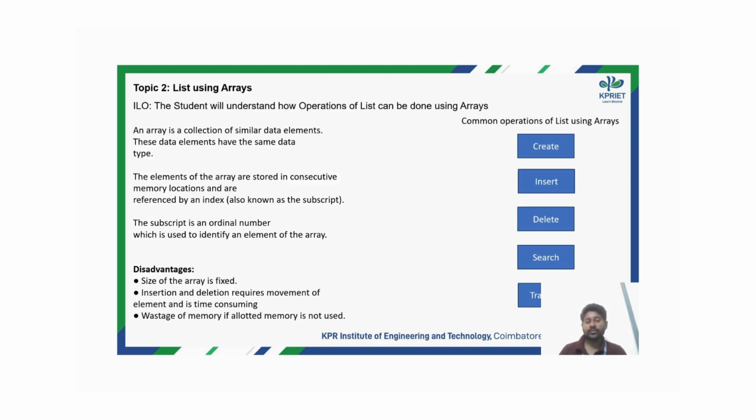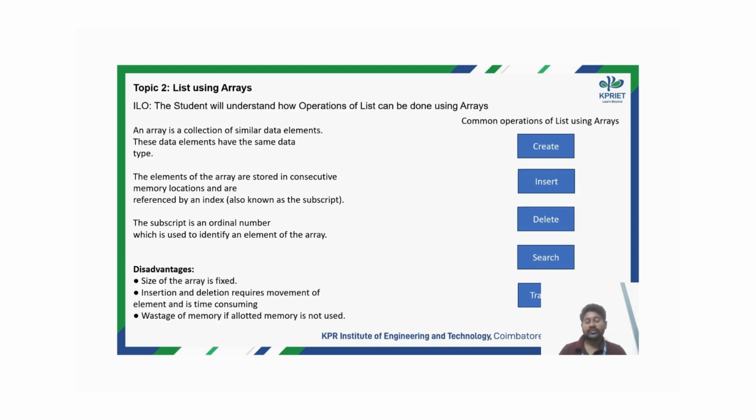The elements of the array are stored in consecutive memory locations and are referenced by an index. This address or position can also be termed as index or subscript, which points to the element. The subscript is an ordinal number which is used to identify the element of the array.